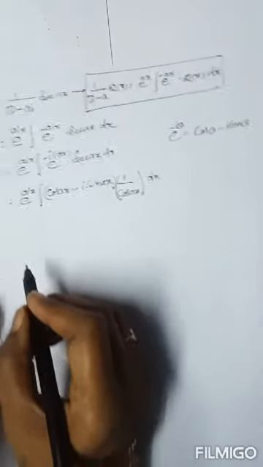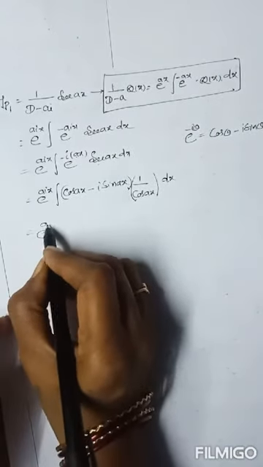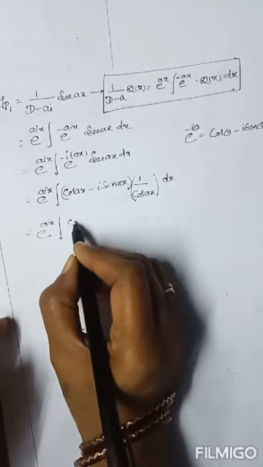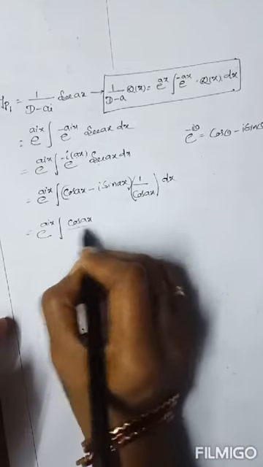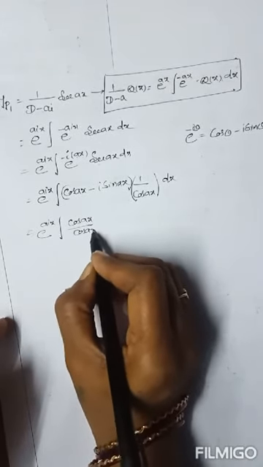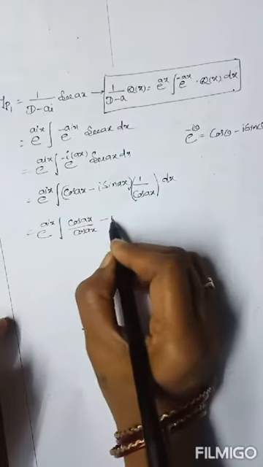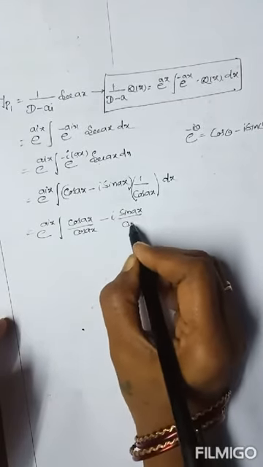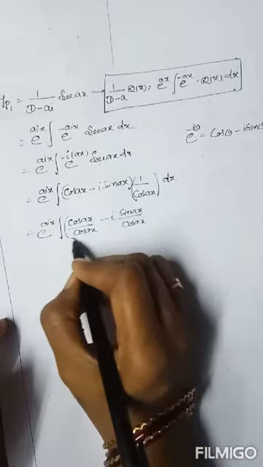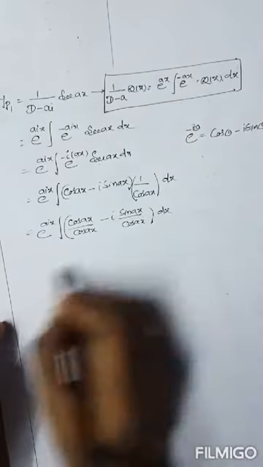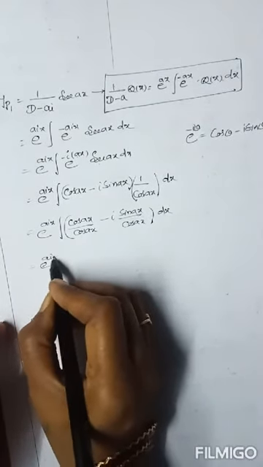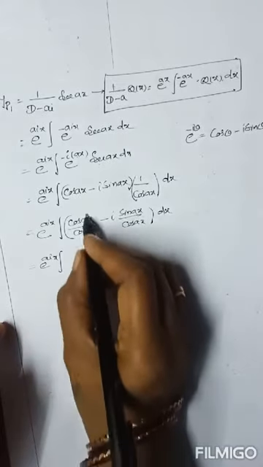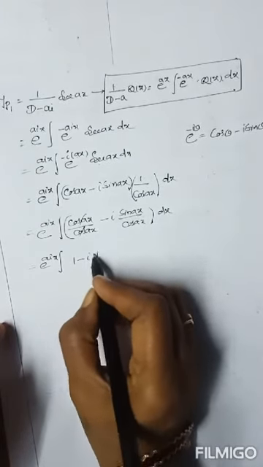Now ordinary simplification: cos ax by cos ax product, minus i sin ax by cos ax, into dx. Here e to the power of aix, this is 1 minus i into tan ax.